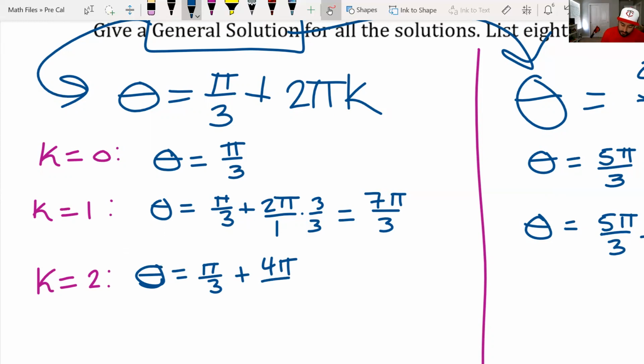Okay, put 4 pi over 1, get your common denominator of 3, pi over 3 plus 12 pi over 3. Pi over 3 plus 4 pi, 12 pi over 3 gives me 13 pi over 3.